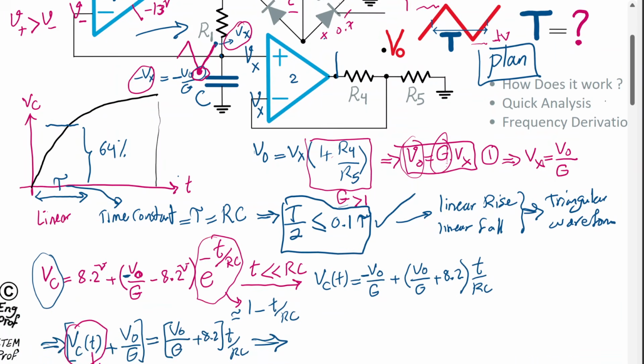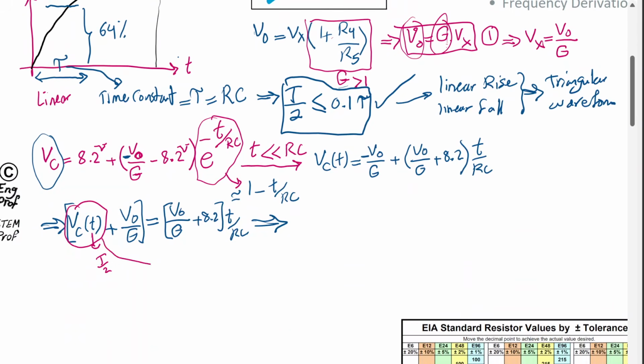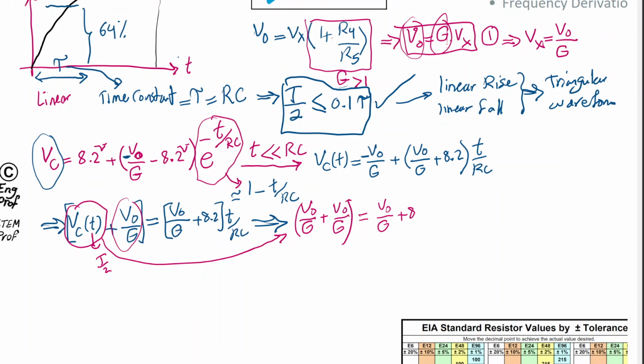So I'm going to just basically say VC at T is simply V out over G, and then we have another plus V out over G. So that means two of V out over G equals V out over G plus 8.2, and then T is a half period, 0.5 period, divided by RC.